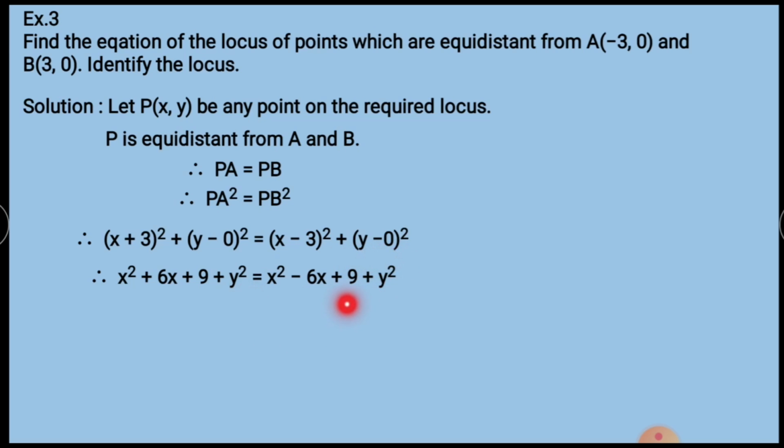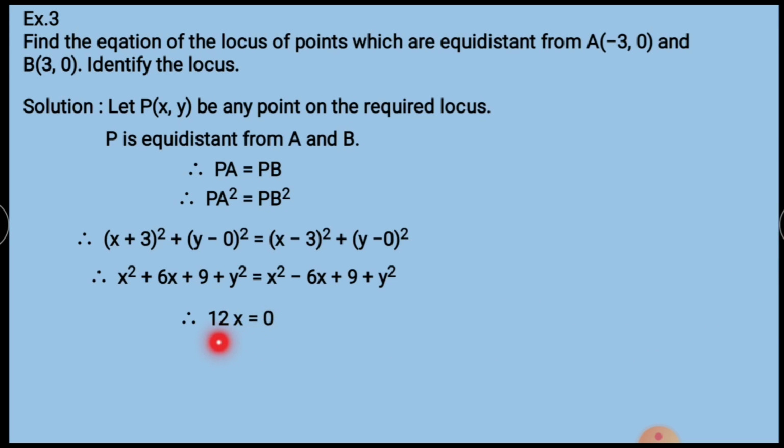So y square minus y square gets cancelled, the 9 gets cancelled, and x square gets cancelled. So we get here minus 6 and this plus 6 left only. So 6 plus 6 we get 12, so we write 12x.